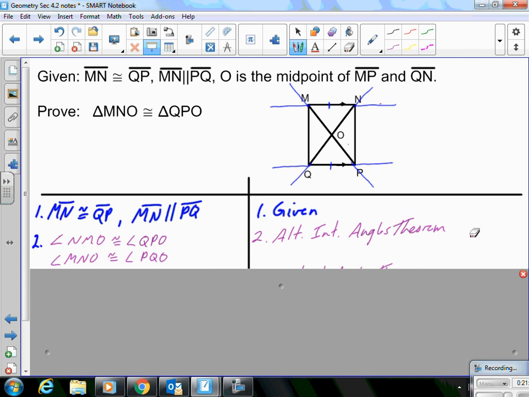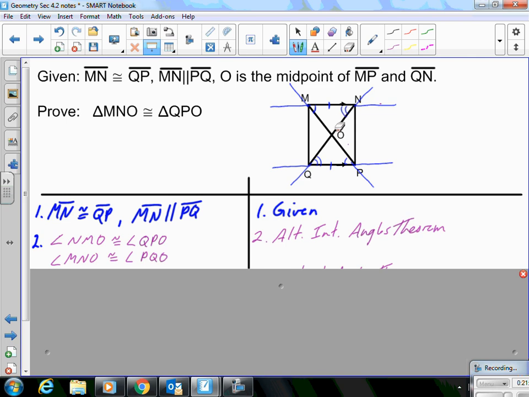That's based on them being alternate interior angles, which the alternate interior angles theorem tells us would be congruent. So that angle is congruent to that angle, and this angle is congruent to that angle. All right, so that's got two.